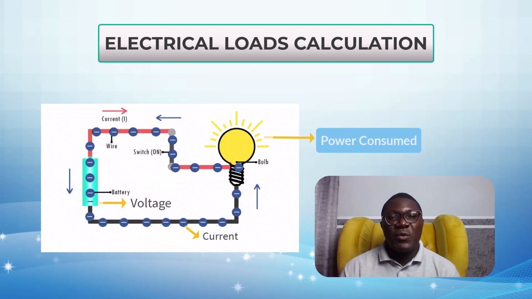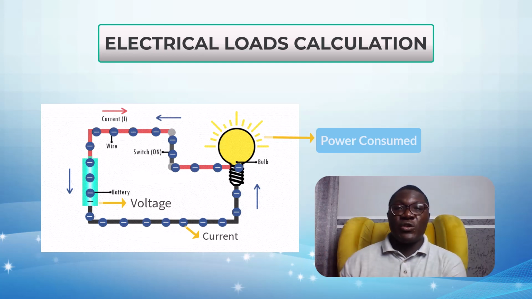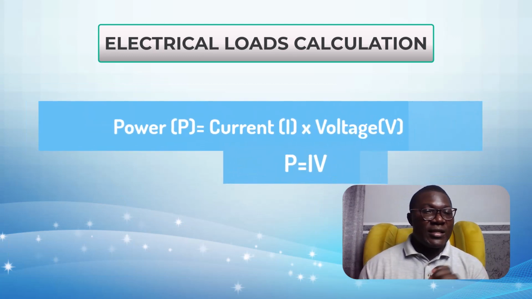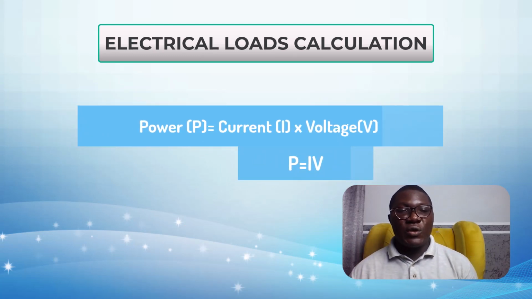And how then can we calculate the load that we are using, so that we know the right size of cables that can carry that load, or that we can use to run the installation or the outlet that will carry the load? Let's represent this by saying P, which is power, is equal to current and voltage.